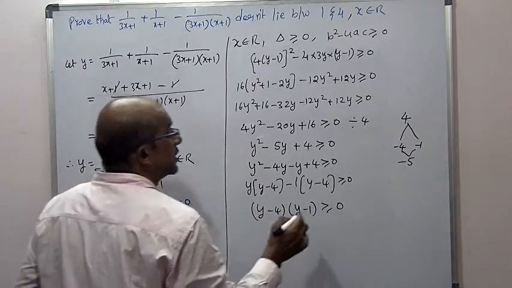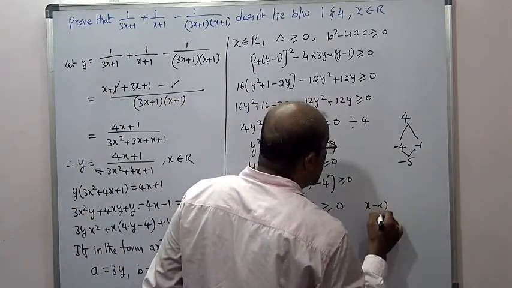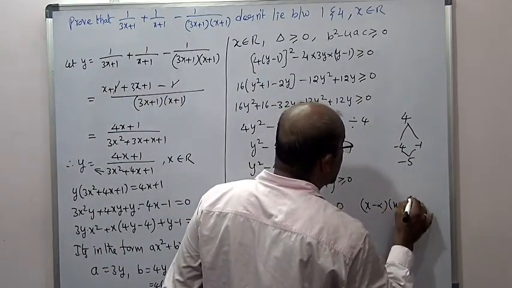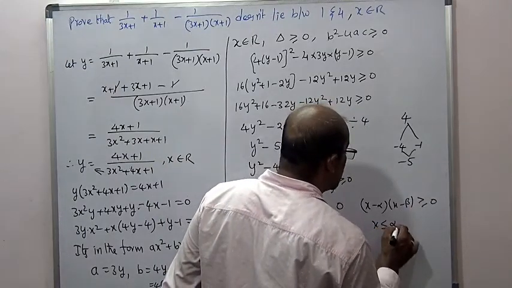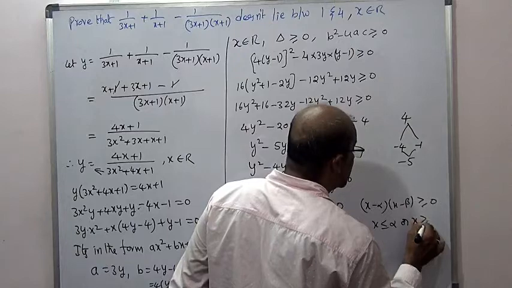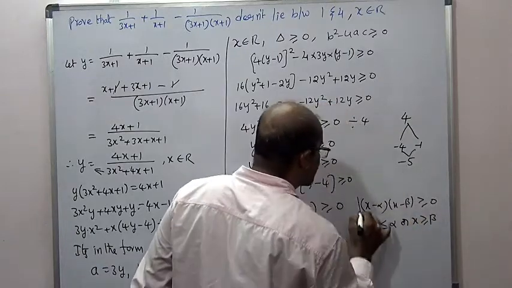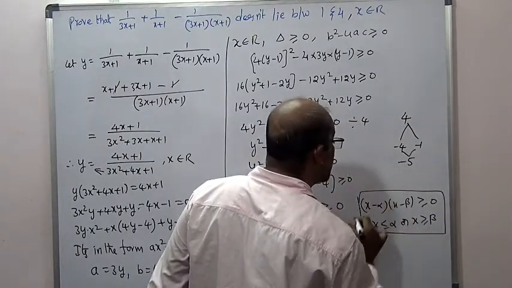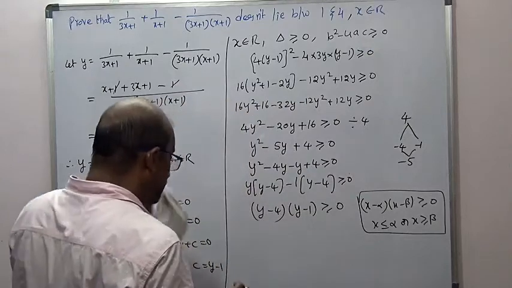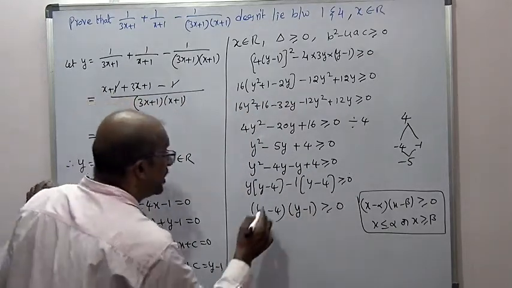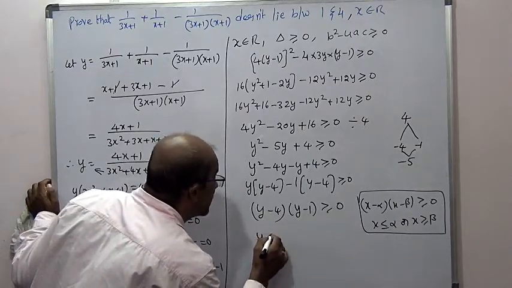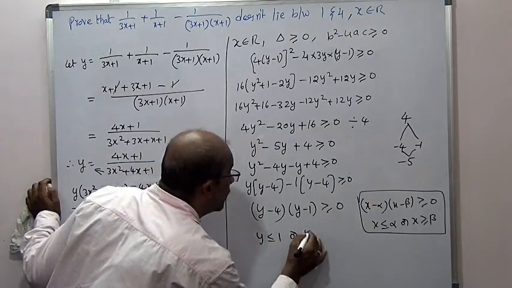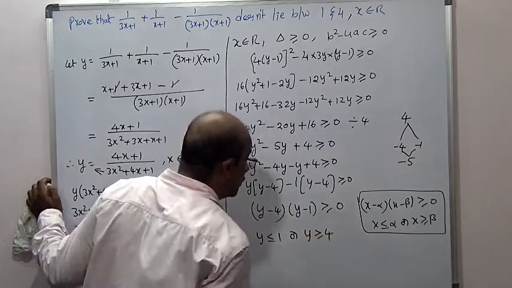That means, as with (x − α)(x − β) ≥ 0, x ≤ α or x ≥ β, so it does not lie between. So y ≤ 1 or y ≥ 4.